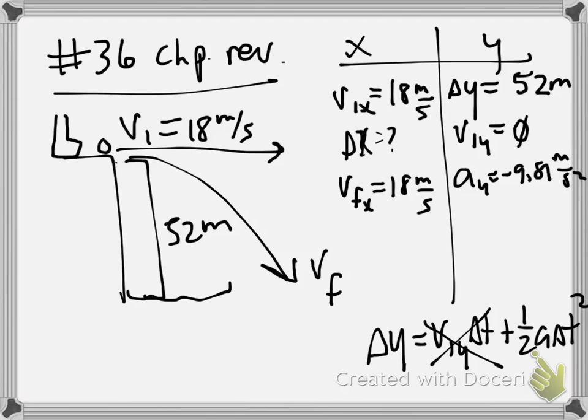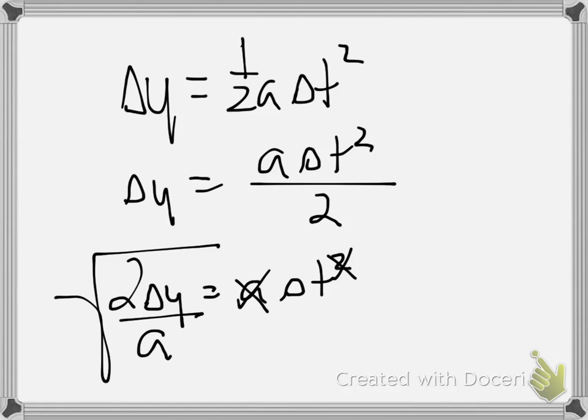So at that point, can you solve for time? Yeah. And then once you've got time, you'll have to merge the axes to get a y velocity. So that should get you time, and we did a little bit of algebra there.